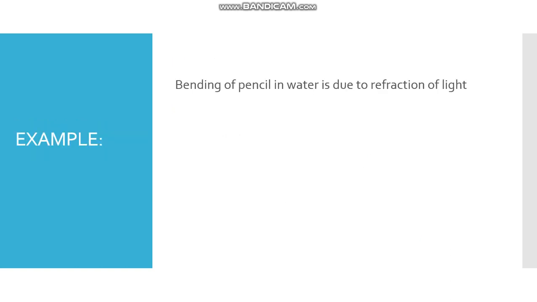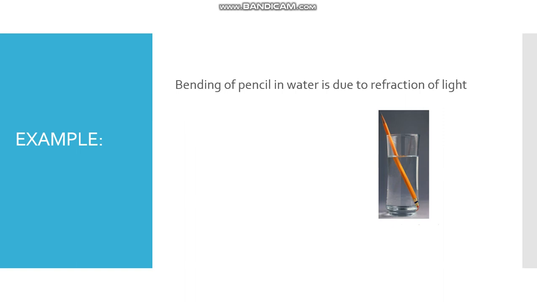Now an example: bending of a pencil in water is due to refraction of light. You may have observed this, that if you keep a pencil in water, the part of the pencil which is inside the water doesn't appear to be at the same position. It appears to be a little disturbed.